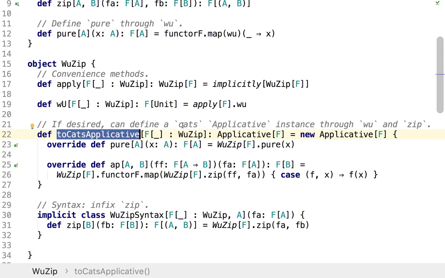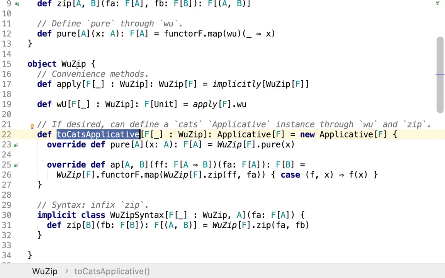Now in the cats library, the applicative instance requires pure and app, but when you reason about the properties of applicative functors and when you check the laws, it's much easier to reason about functions zip and wrapped unit than about app and pure. And so they're equivalent, as we have seen, but it's much easier to reason about applicative functors in terms of zip and wrapped unit.